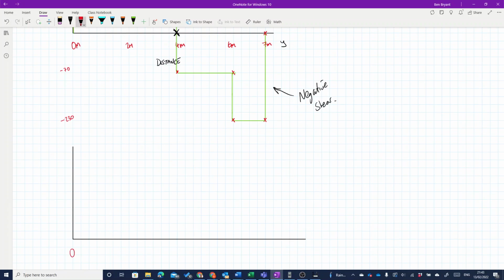So 0, this line is 2, this line is 4, this line here is 6. Obviously this isn't very accurate, but this one is 7.